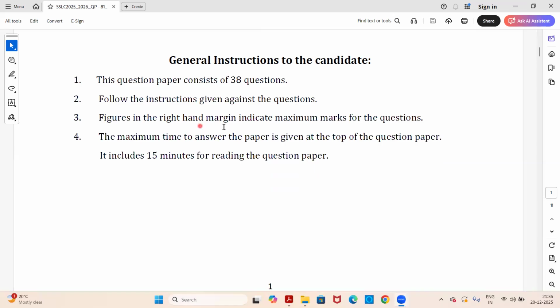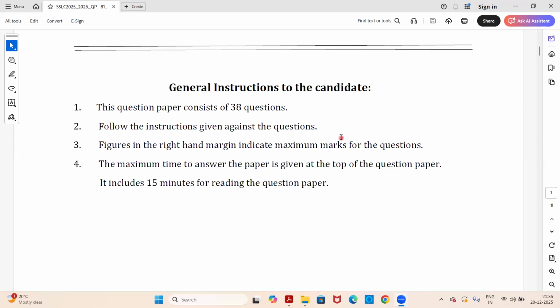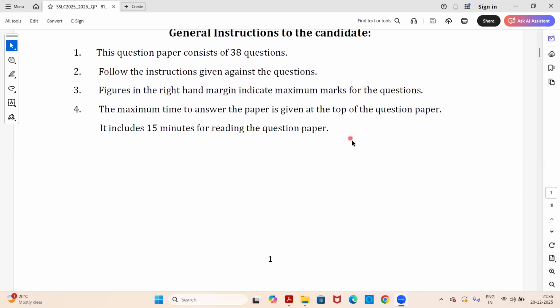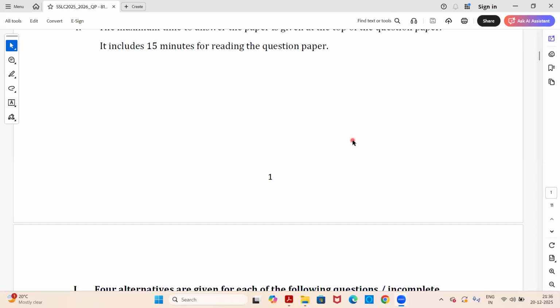The figure in the right hand margin indicates the maximum marks for the questions, and the time to answer the paper is given at the top, and it includes 15 minutes for reading the question paper. As you saw, 3 hours 15 minutes, of which 15 minutes is for reading the question paper. These are some instructions for the candidates.